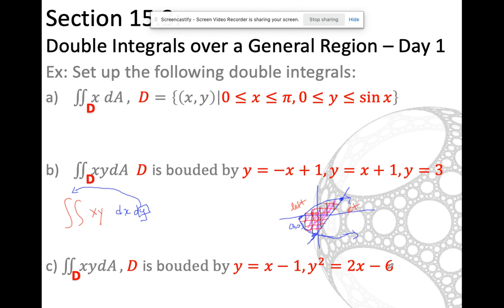y squared is equal to 2x minus 6. If I just add 1 to both sides, that's going to be 2y plus 2. Oops, sorry, this is supposed to be a plus 6.